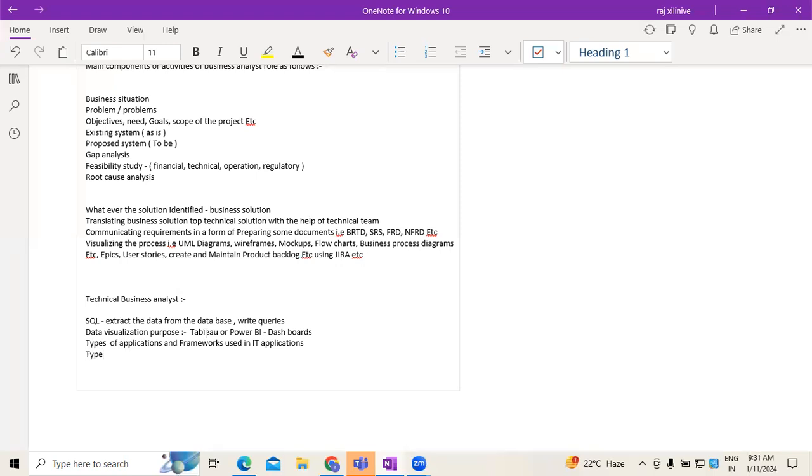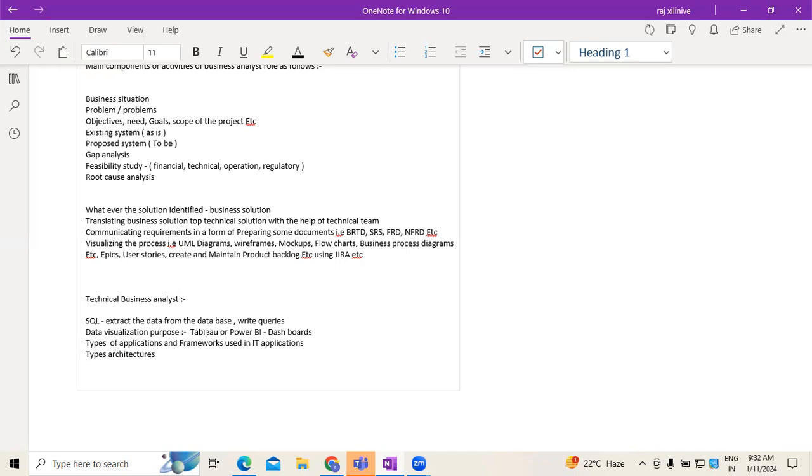Next, we must know what the different types of architectures are in the application, because it can be a functional roadmap or a technical roadmap. So types of architecture, something like business architecture, application, systems, data, enterprise architecture, solution architecture, an overall idea.